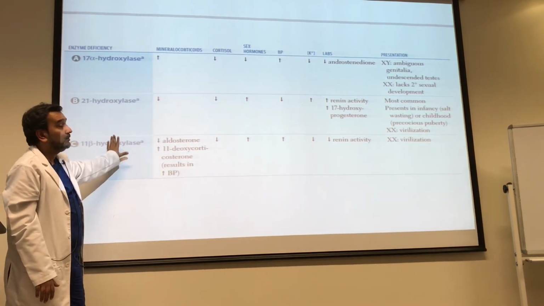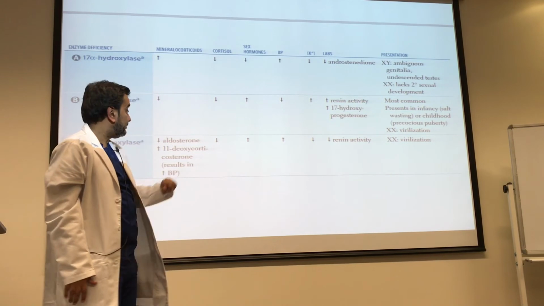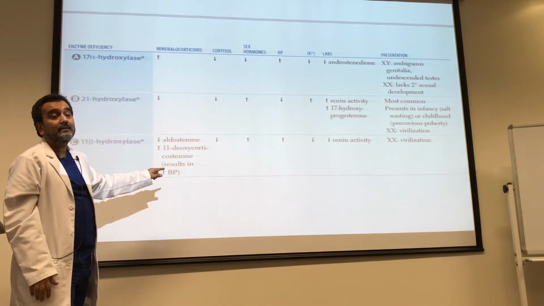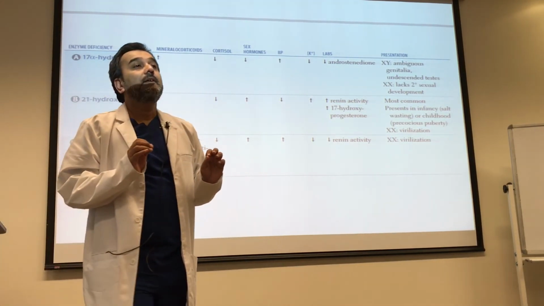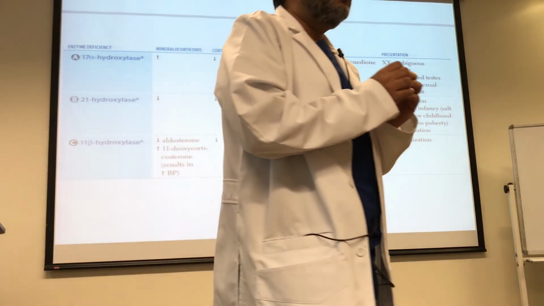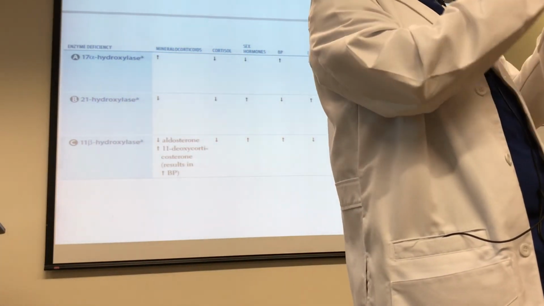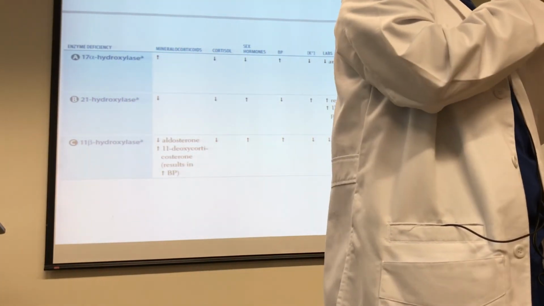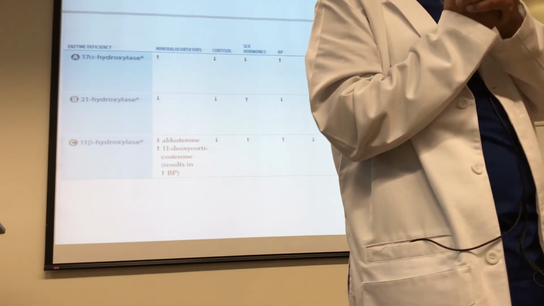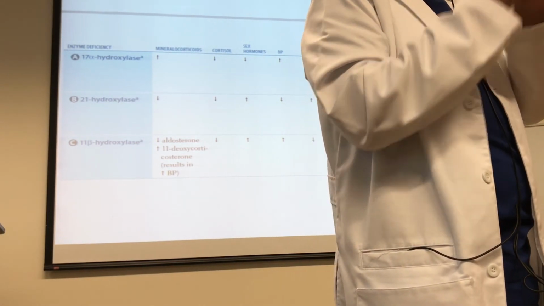Okay? Yes, go ahead. Is deoxycorticosterone the one that's connected to aldosterone? We said 11-deoxycorticosterone and corticosterone also have mineralocorticoid activity similar to aldosterone, both of them.